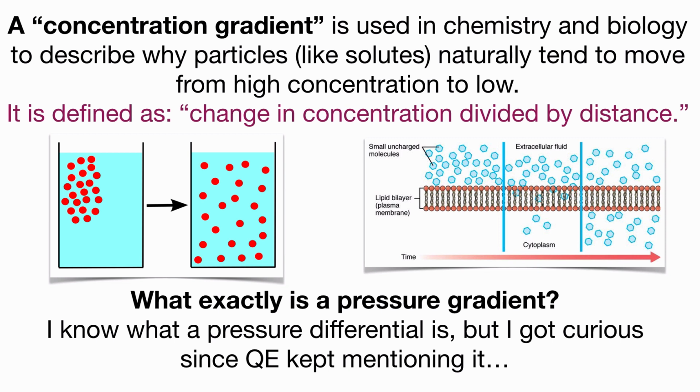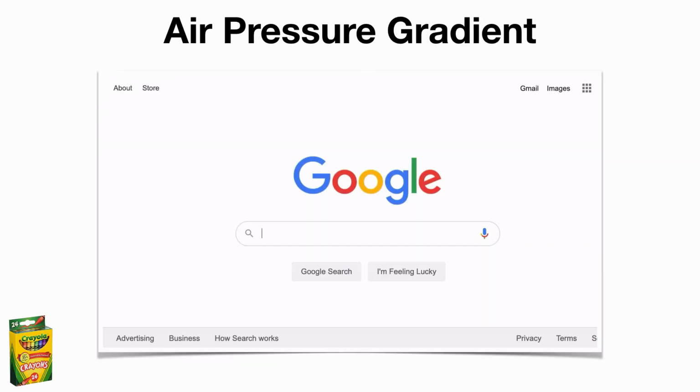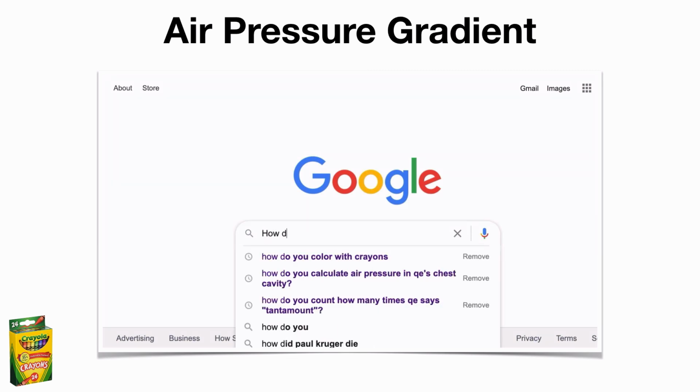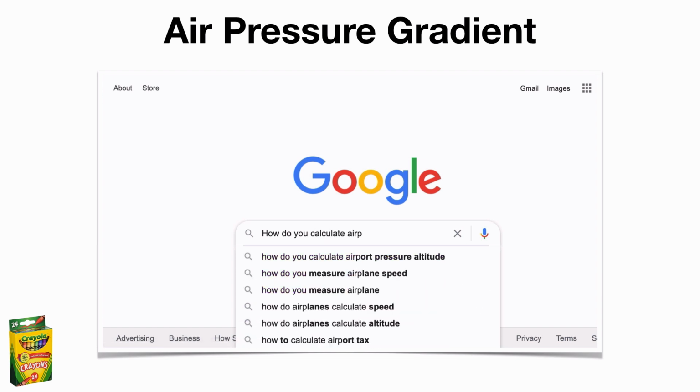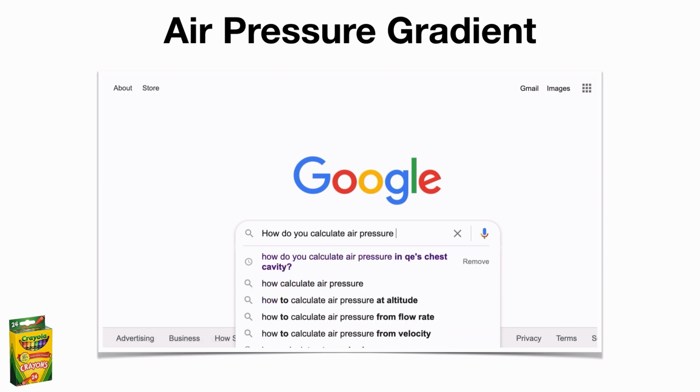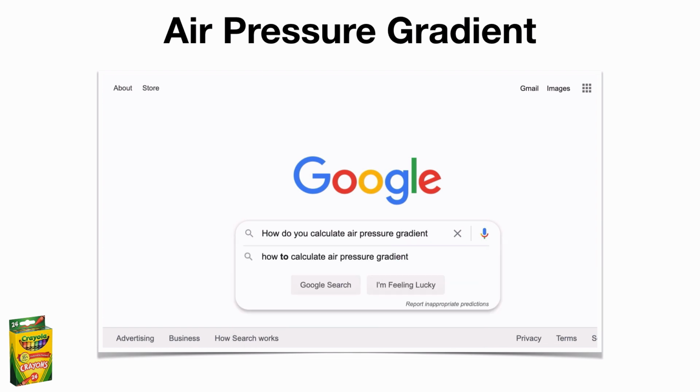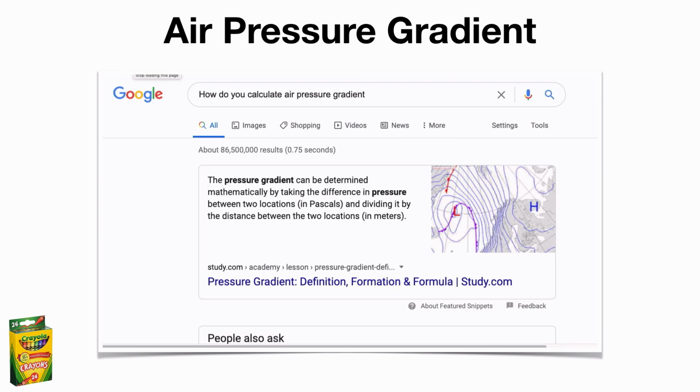So what is a pressure gradient? I know what a pressure differential is, and we've derived it, but I got curious because Quantum Eraser kept mentioning it, so I typed into Google, how do you calculate air pressure gradient? And this is what it came up with.